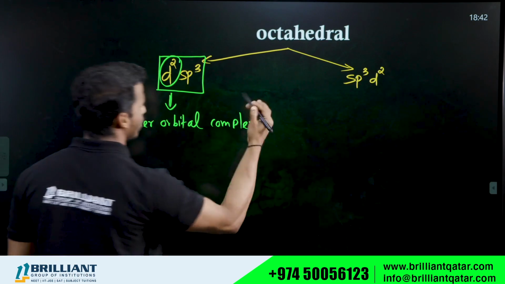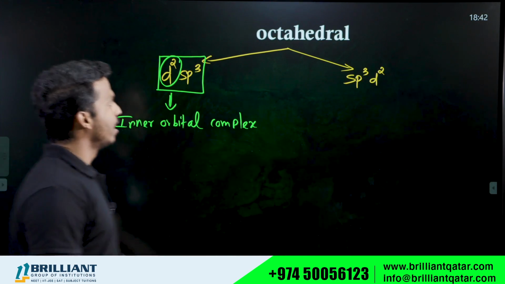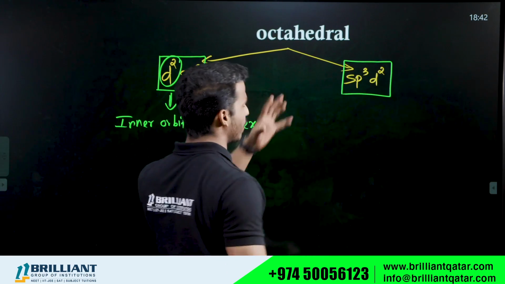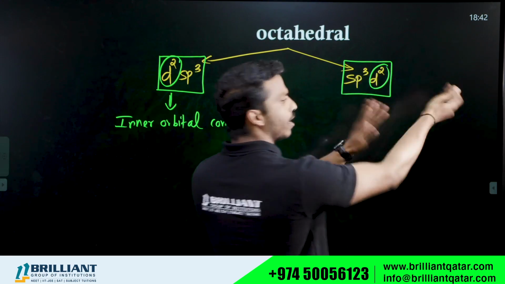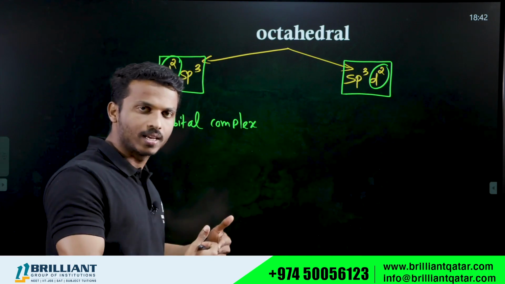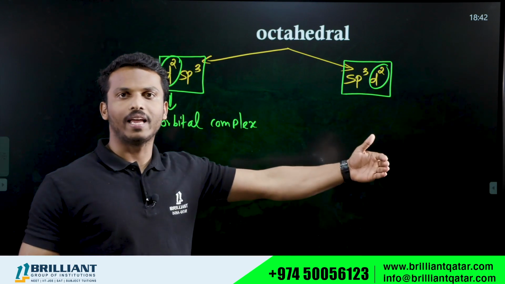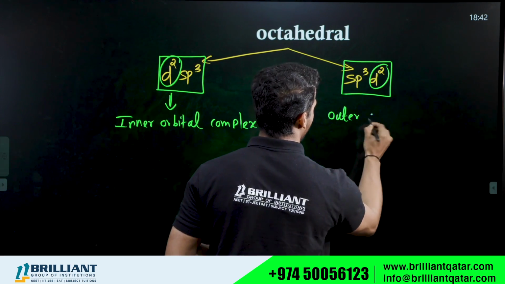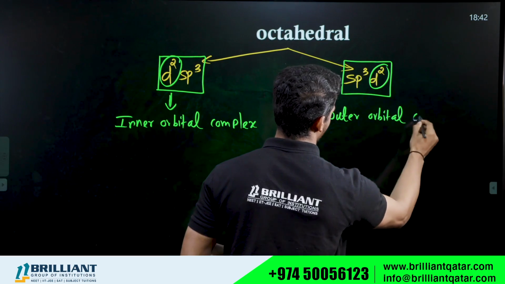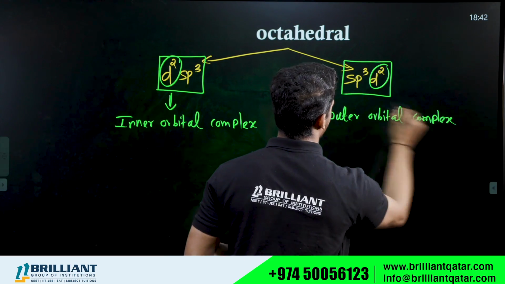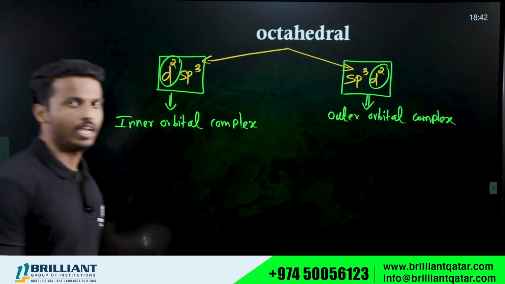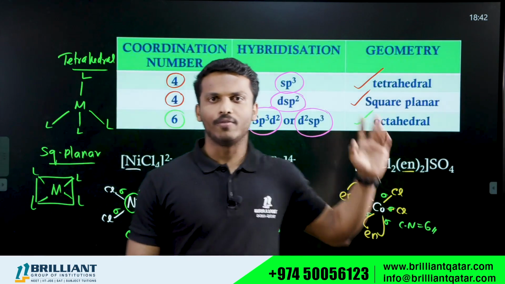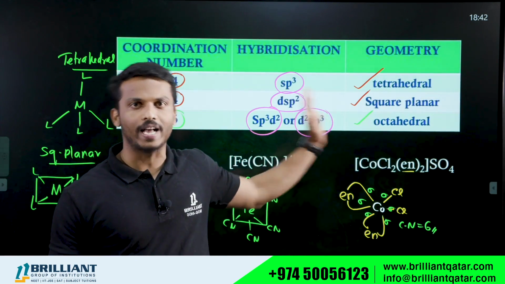Whereas in sp3d2, what is the speciality? For this hybridization, they take the outer d orbital. They take s, then 3p orbitals, and only then enter the outer d orbital. Therefore, these complexes are called outer orbital complexes. If it is tetrahedral, there is only one hybridization, sp3.